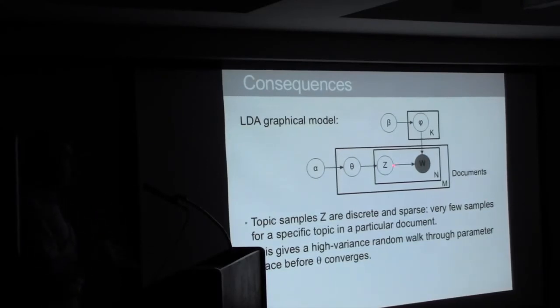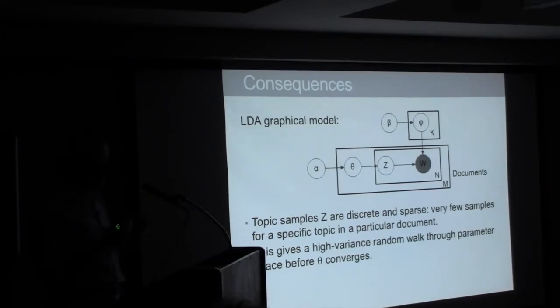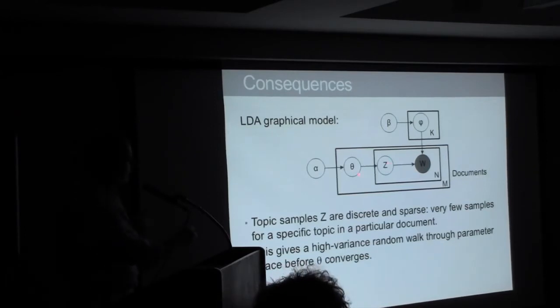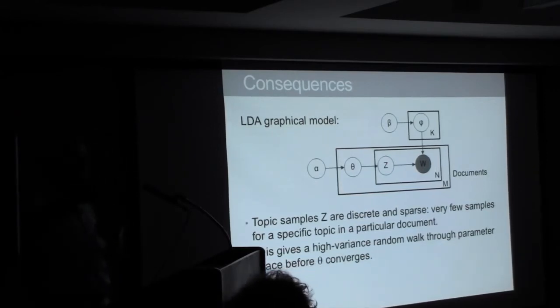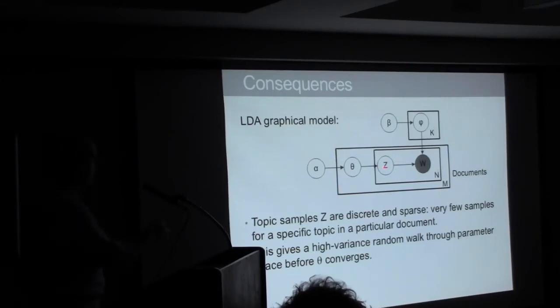Well, one obvious weakness, if you look at this a little bit, is that this M box here doesn't contain a lot of data. It contains the word values in a single document, maybe a few hundred words. The Z is randomly sampling discretely the topic of each word, so it's this discrete value. Very often there's only one or two topics that are important, so this is alternating between a few topics.